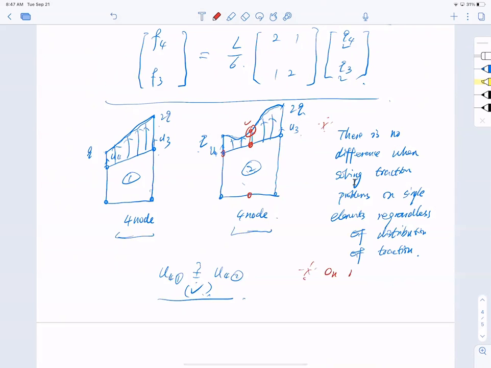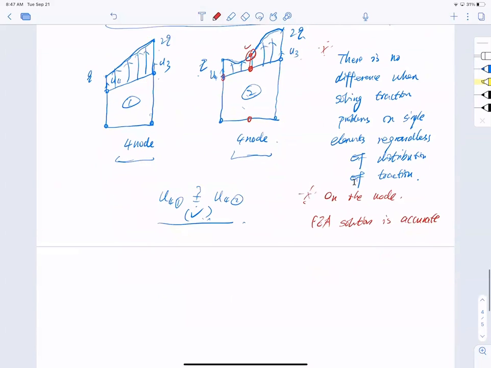On the nodes, the FEA solution is what, Moin? Is accurate. Yes, on the node we have accuracy. Outside the node, or in between nodes, we have approximation. Exactly, you got it. It is approximation.